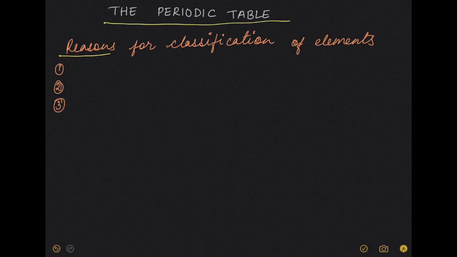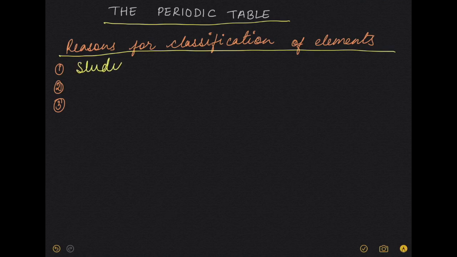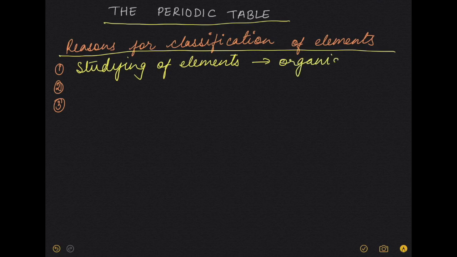So the reasons for classification of elements was to help in the studying of elements in an organized manner. So that was the first reason. Then it also helps in correlating properties of elements with the fundamental properties of all states of matter.